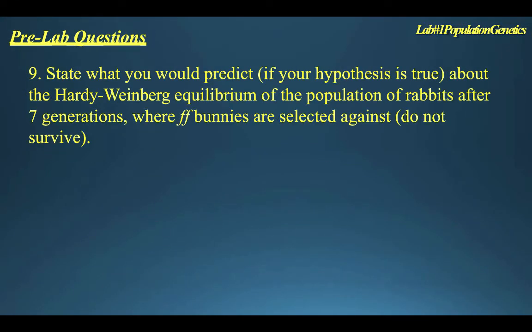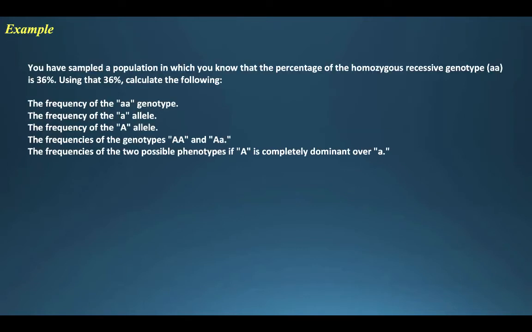And then your last question for pre-lab questions are, state what you would predict if your hypothesis is true about the Hardy-Weinberg equilibrium of the population of rabbits after 7 generations, where little f, or recessive bunnies, homozygous recessive, are selected against, which means they die. So what would happen over time? So we can practice it a little bit here.